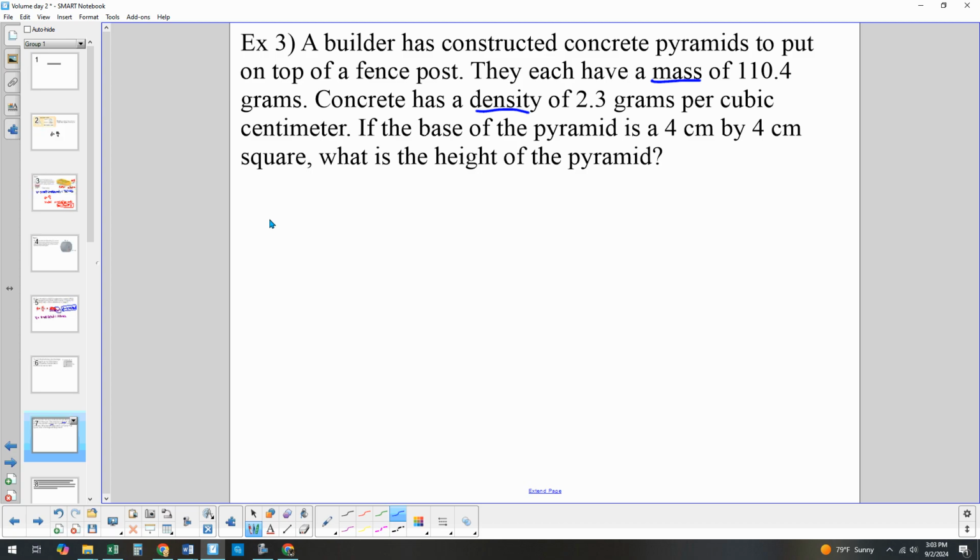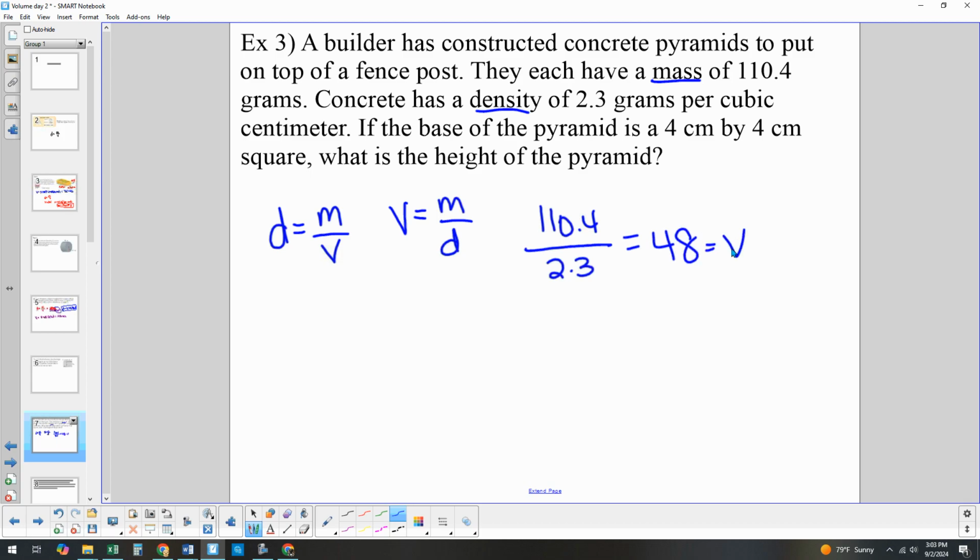So if density equals mass over volume, switch these, volume equals mass over density. So I'm going to divide my mass by my density to get a volume of 48. So now I know that I have a volume of 48 and it's a pyramid. So I can take the formula for volume of a pyramid.